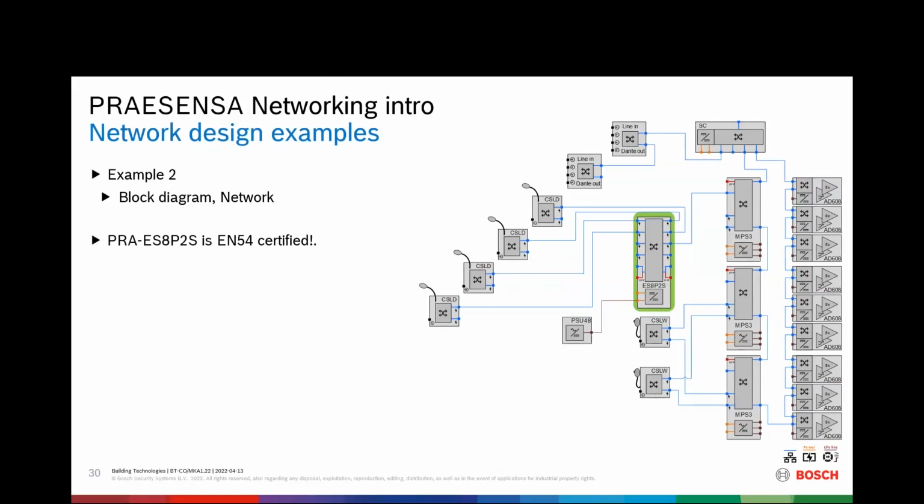Another option is to use that ES8P2S switch, which I showed before, because that is certified, that's listed. And of course, this device also must have then a certified power supply to it to be able to feed the components.